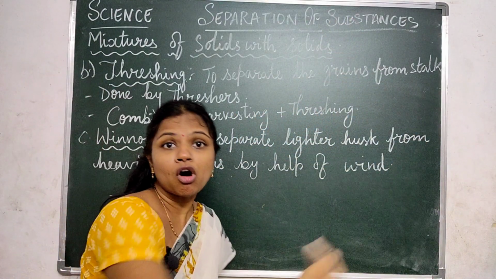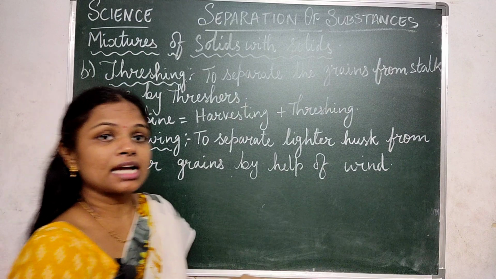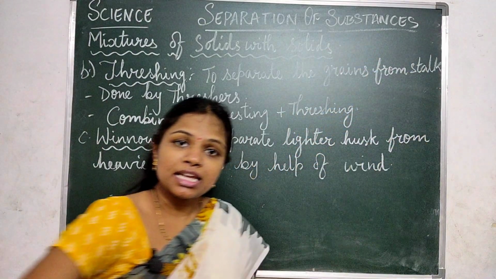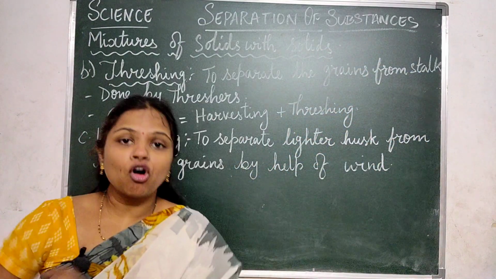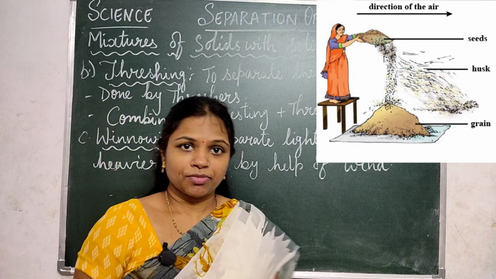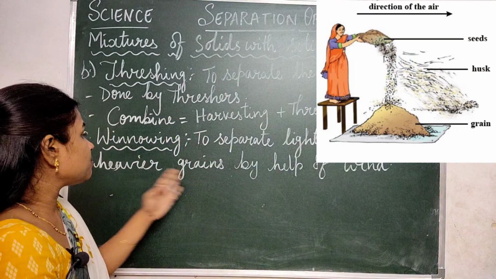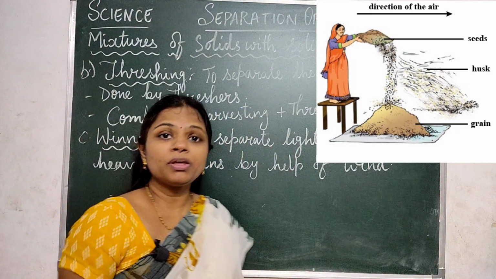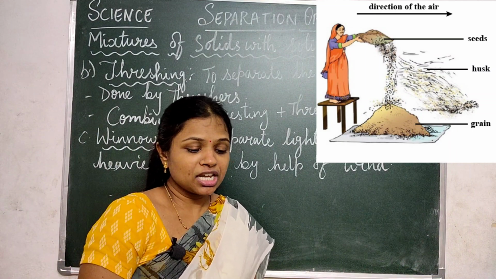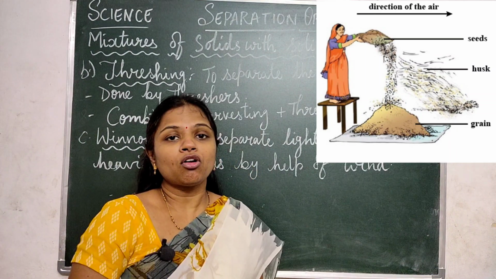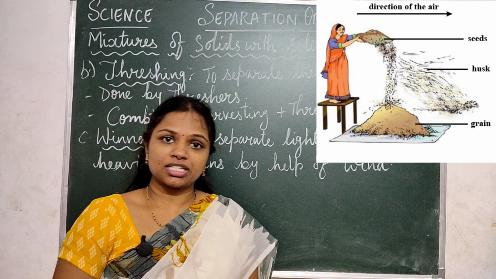Due to the blow of the wind, the lighter particles get blown away and fall off at a distance. But the grains being heavier cannot be blown away by the wind and ultimately fall off at a shorter distance.